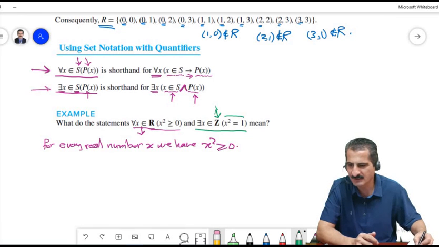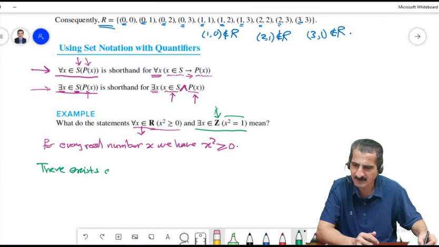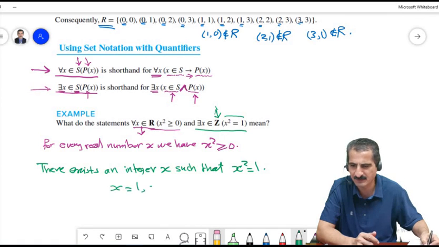And the statement means there exists an integer x such that x squared equals 1, and we know x might be 1 or negative 1, so there exists such an element.